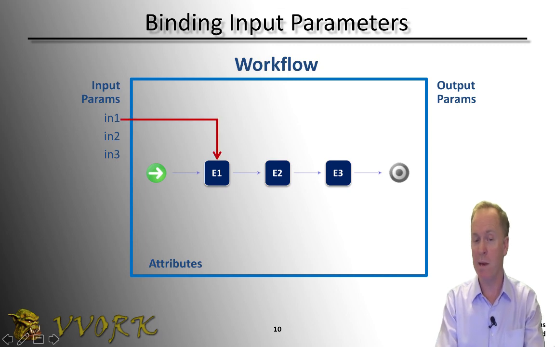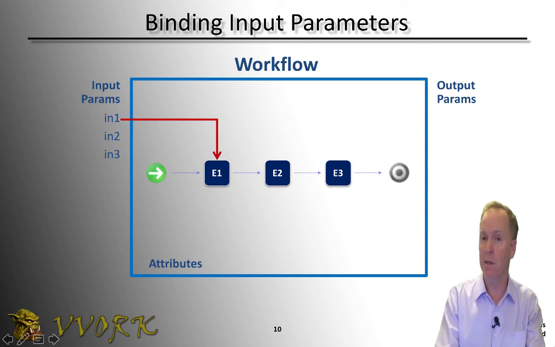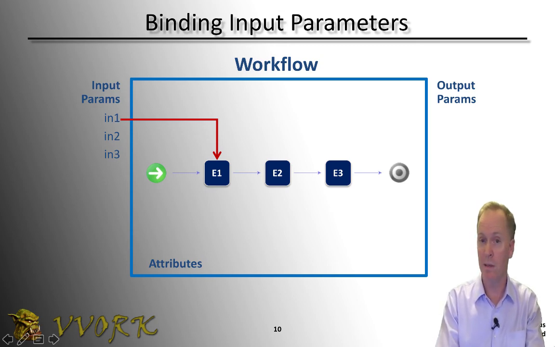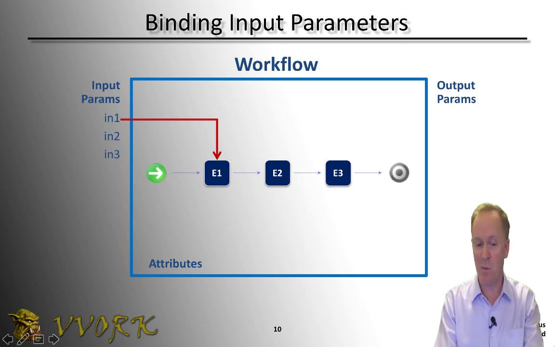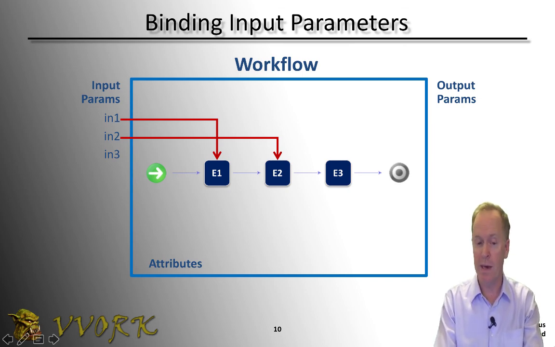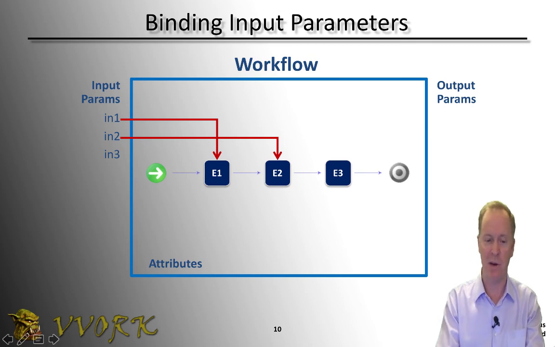So, for instance, we might bind the input parameter, in1, to a variable that's defined within schema element E1. We might continue this process and set up a binding between the input parameter in2 and a variable that's defined within E2.